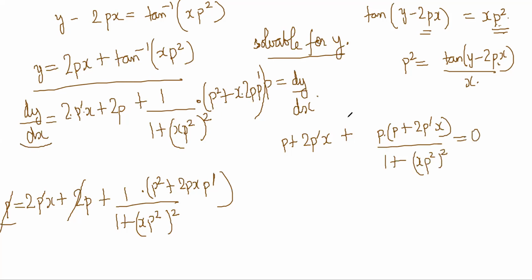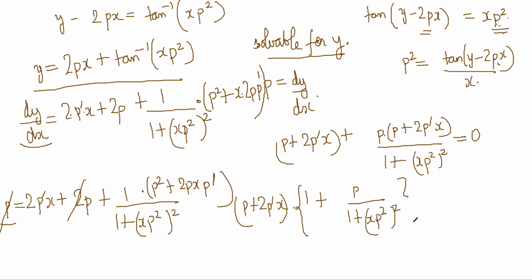So now I can take this whole thing common, p plus 2p dash x, into 1 plus p by 1 plus xp square whole square is equal to 0, right?